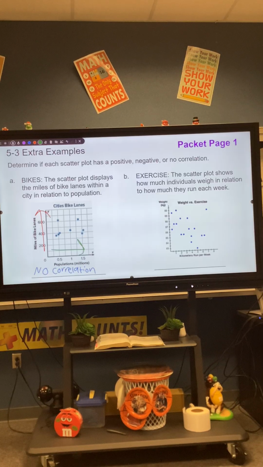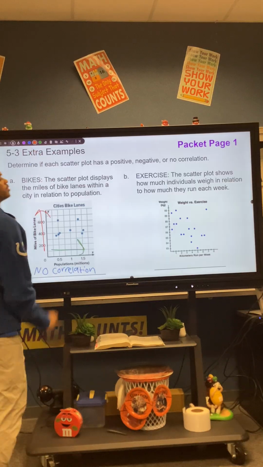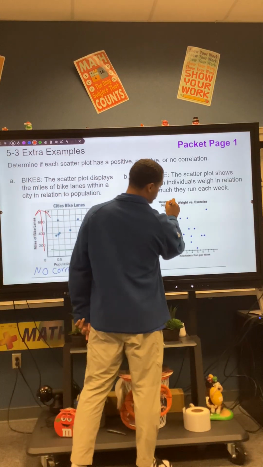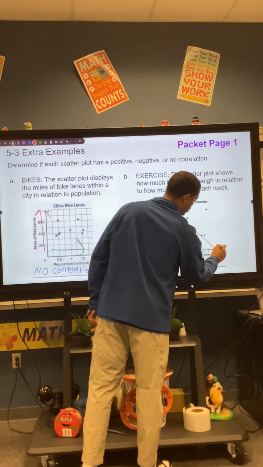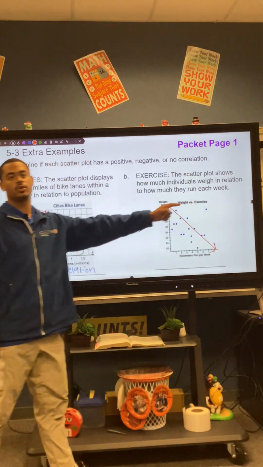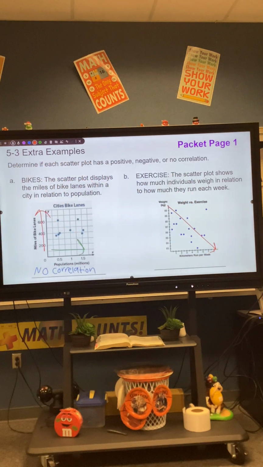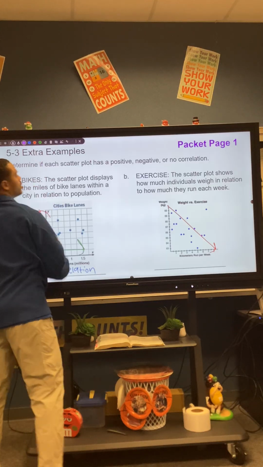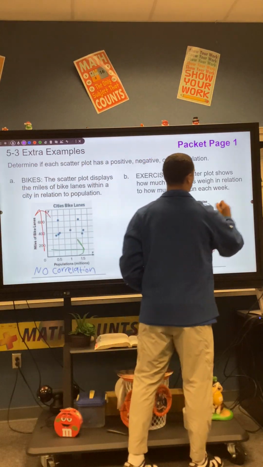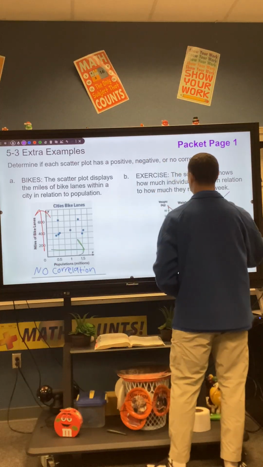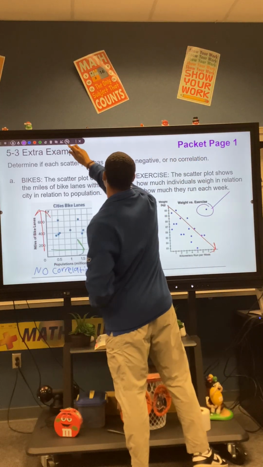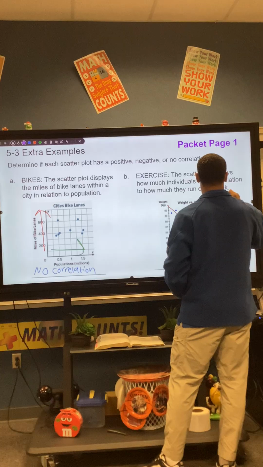So negative correlation, right? Generally, as my X value increases, my Y values are going down, right? Now this point right here, this is what we call an outlier.